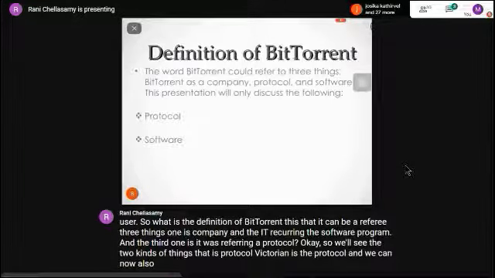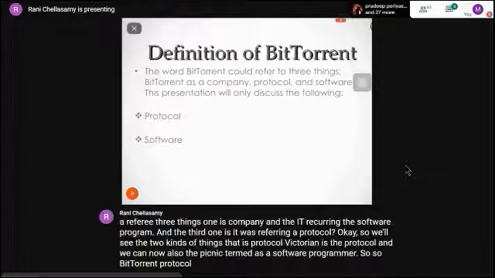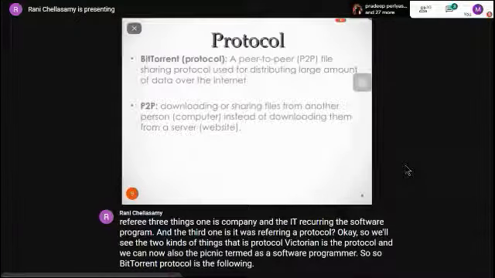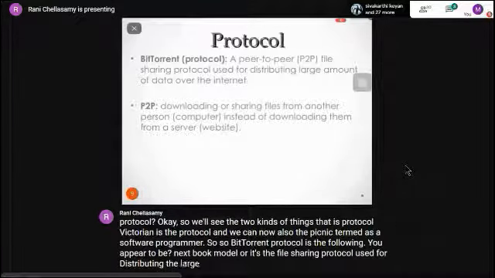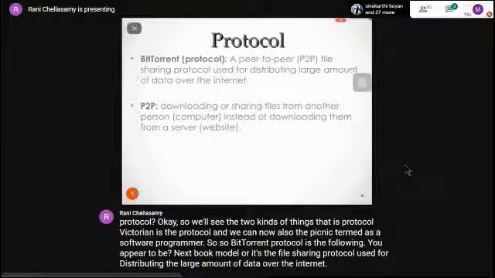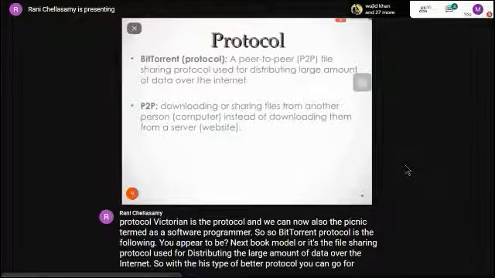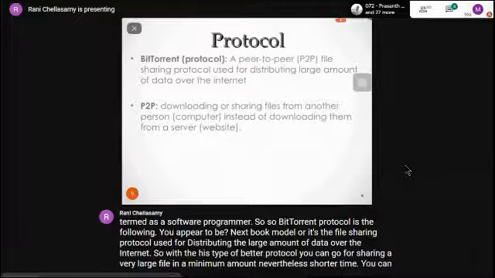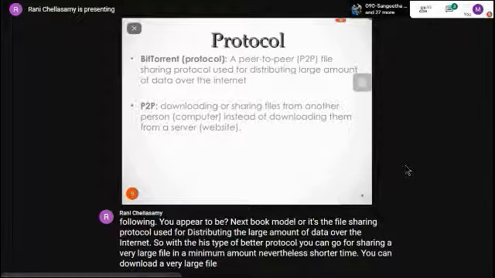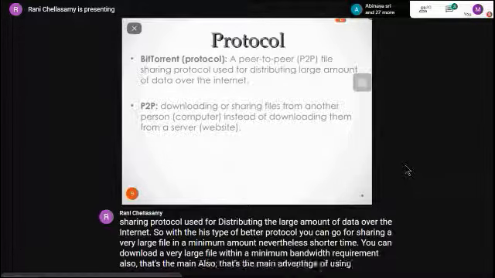The BitTorrent protocol follows a peer-to-peer network model, a file sharing protocol used for distributing large amounts of data over the internet. With the help of the BitTorrent protocol, you can share a very large file within a short time and with minimum bandwidth requirement. That's the main advantage of using the BitTorrent protocol.